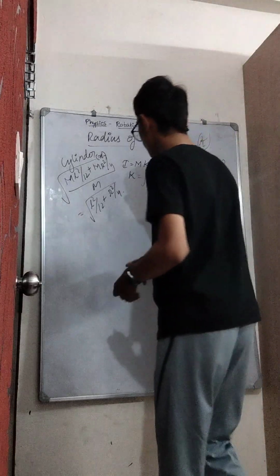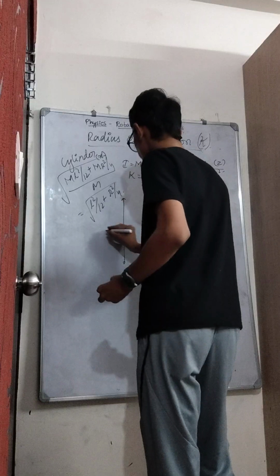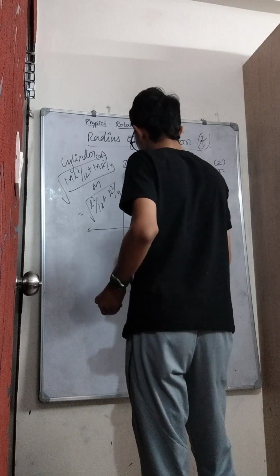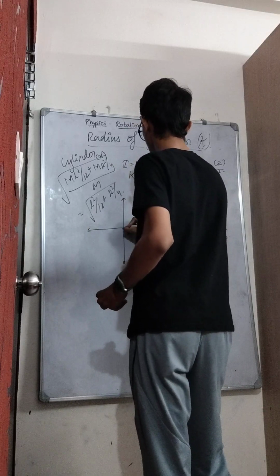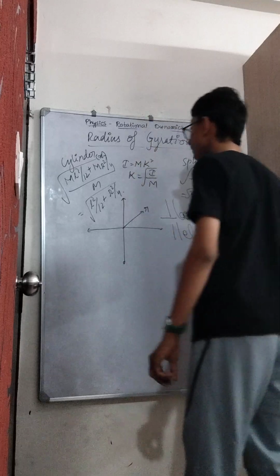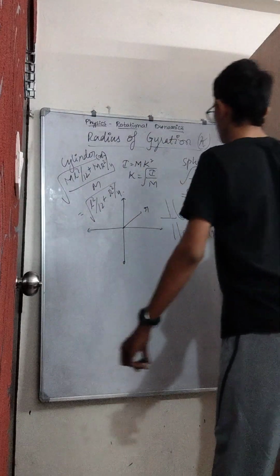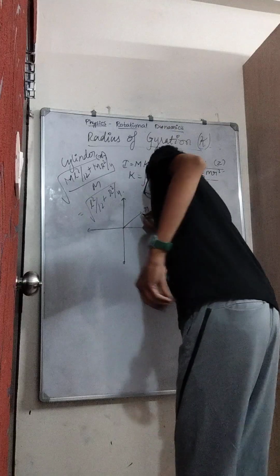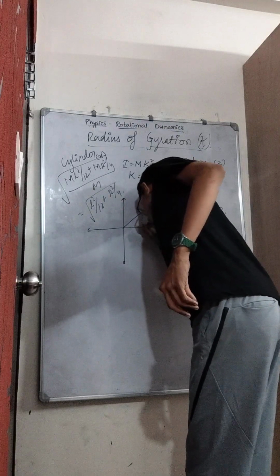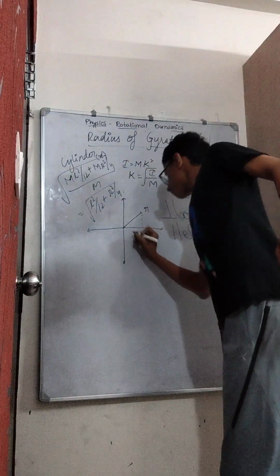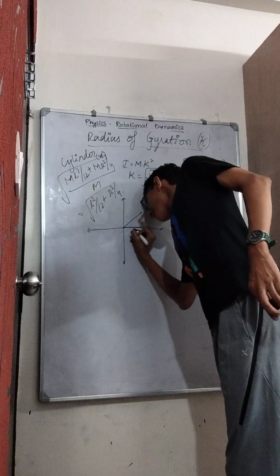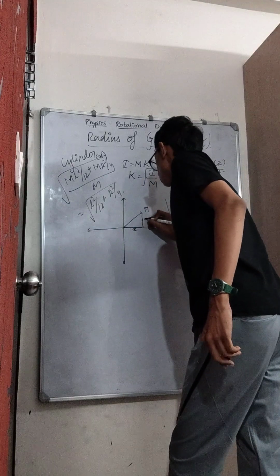Now perpendicular axis means, for example, this is some point with radius r. Radius is r, so this falls down, and the distance will be x and this distance will be y.